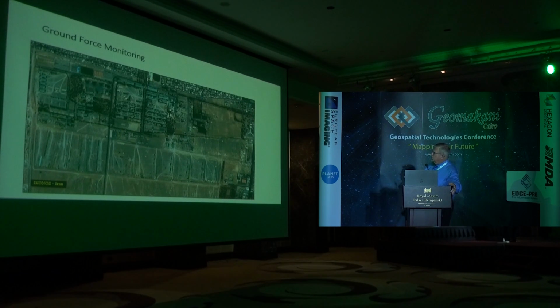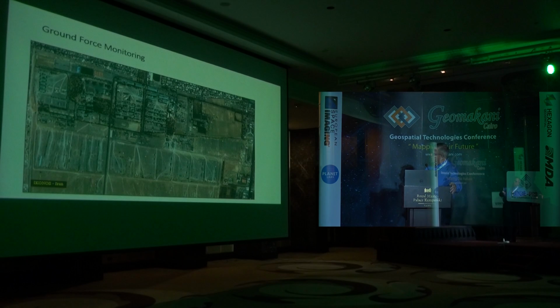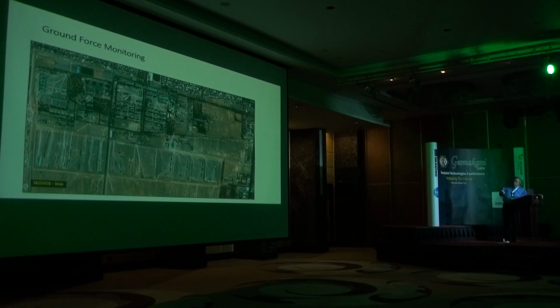Ground force monitoring is always something of interest, whether it's rebels or paramilitary people or an organized military. This is a large base at Esfahan. The nice thing about the Iranians is they have absolutely all of their equipment parked outside in these large lots.